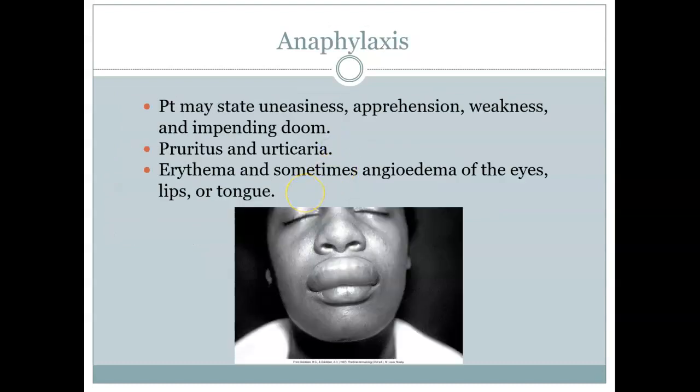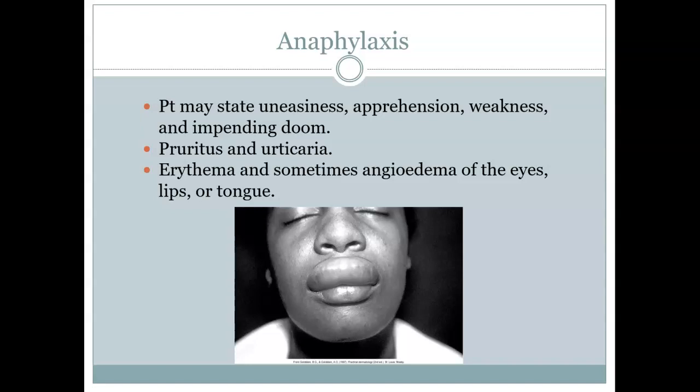And here's a picture of a person with angioedema. Angioedema, all that swelling from those different areas from the previous slide, can cause a patient to go into anaphylaxis. So, I'm crossing over into med-surg a little bit. Someone who goes into anaphylaxis, just listen to what they're saying, because you may not see the angioedema right away.